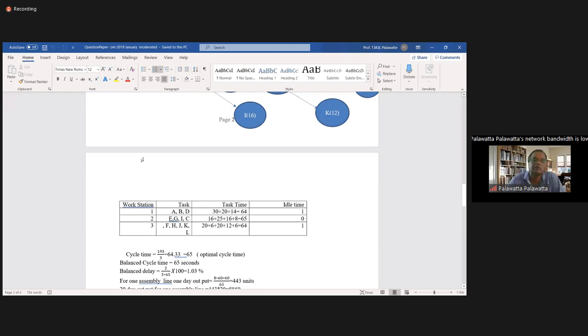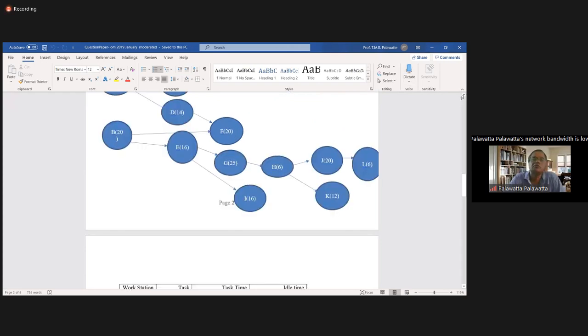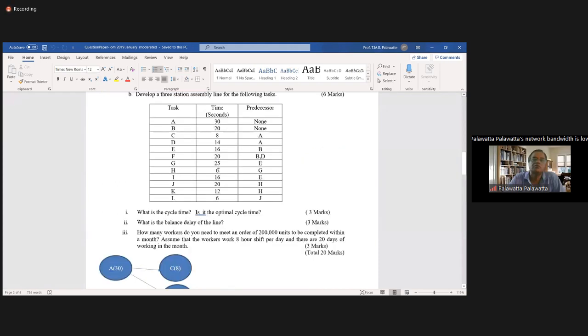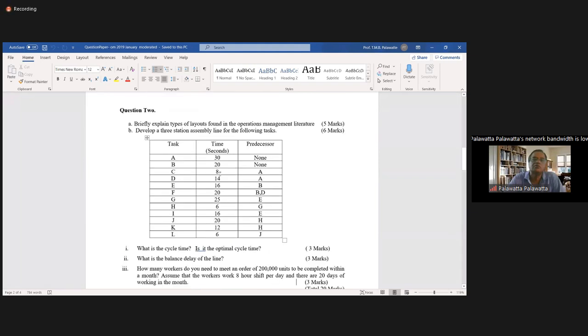So 30 plus 20, 50, plus 8, 58, plus 14, 72, plus 16, 88, plus 20, 108, plus 25, 133, plus 6, 139, plus 16, 155, plus 20, 175, plus 12, 187, plus 6, 193.